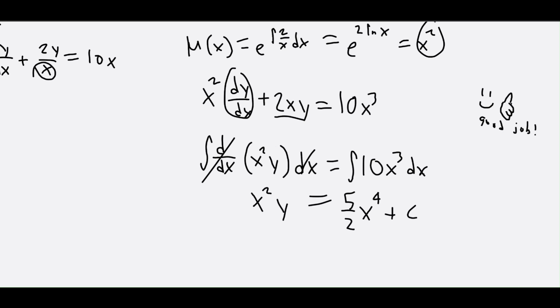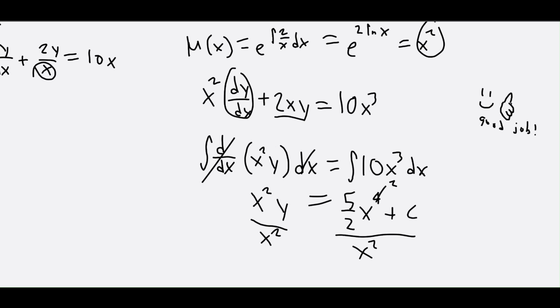Now what we're going to do is rearrange this and try to solve for y. When we divide both sides by x squared, well, what happens? We know that this is going to become x squared because we're taking 2 off. What happens to that c?